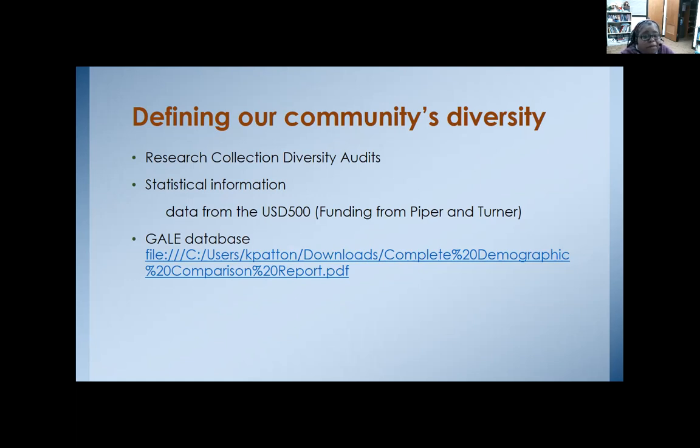So I provided you with a link to all our statistics from the Gale database. Again, you'll get a handout with all of the talking points, and that will be included in there. So you don't have to worry about copying that down or taking a screenshot or anything.